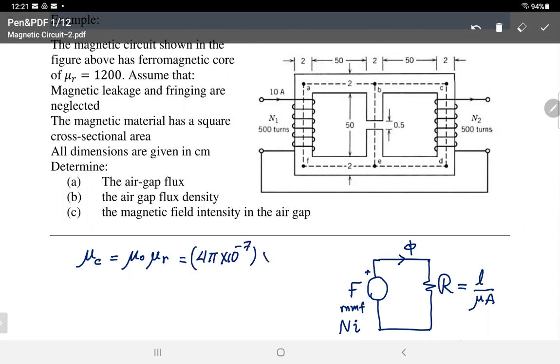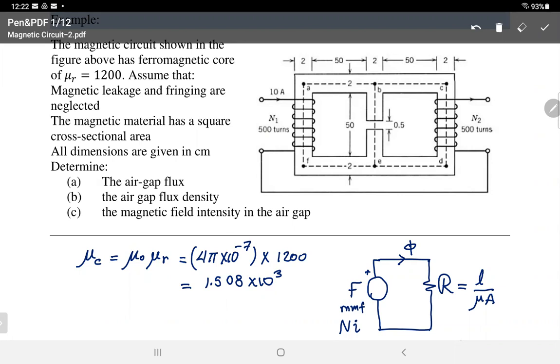The relative permeability is always given in the table or in the problems, that's equal to 1200. When you multiply both, you get 1.508 times 10 to the power of -3. And when you multiply this quantity in your calculator, just multiply it by 10 to the power of 3 or 4 so you can get about 4 digits. You don't simplify. That's the first thing: you can get the permeability of the core.